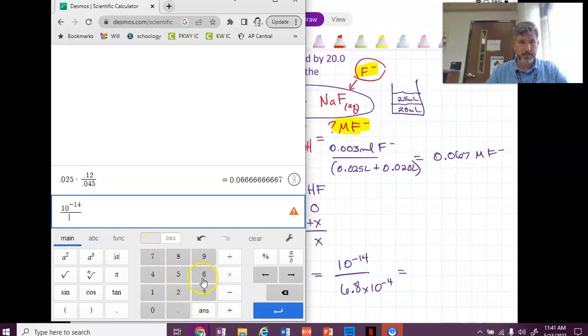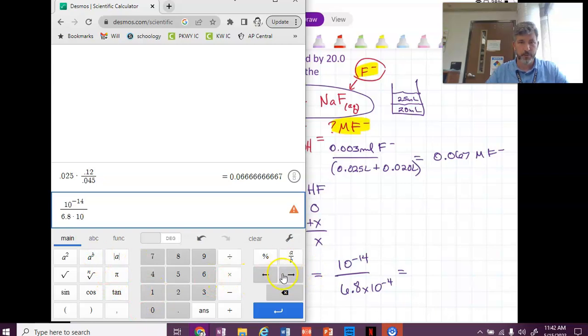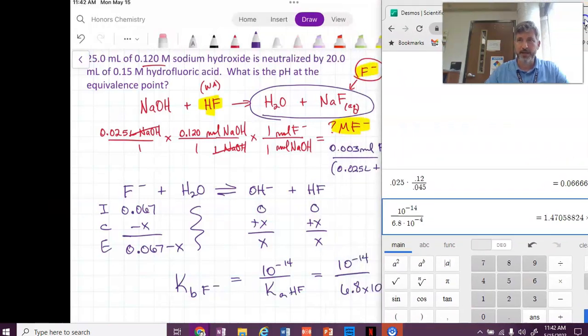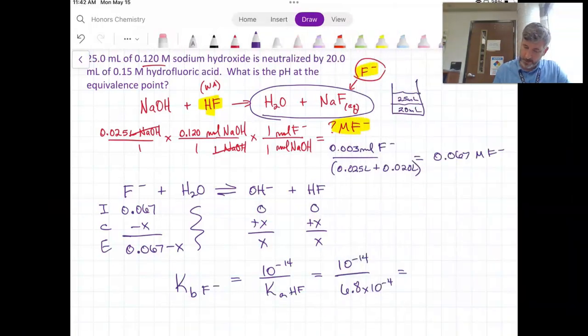So 6.8 times 10 to the negative 4. All right, so I get about 1.5 times 10 to the negative 11 as my Kb for F minus. So 1.5 times 10 to the negative 11.